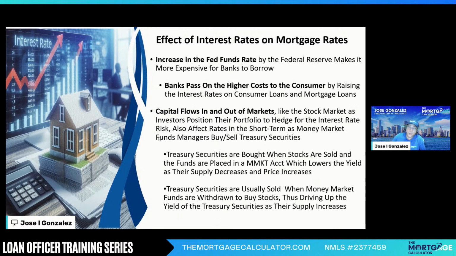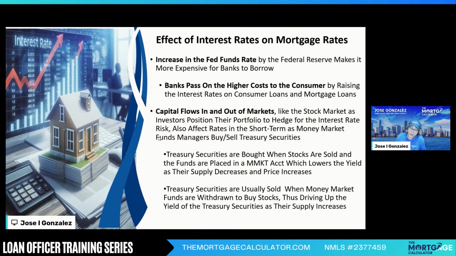So, for those of you, last but not least, that are asking, well then, Jose, what happened in the last few days? Well, that's what happened with the 10-year that I mentioned. The unemployment claims report came out with fewer unemployment claims filed. Investors are banking on the fact that that means we're not going to have a recession.